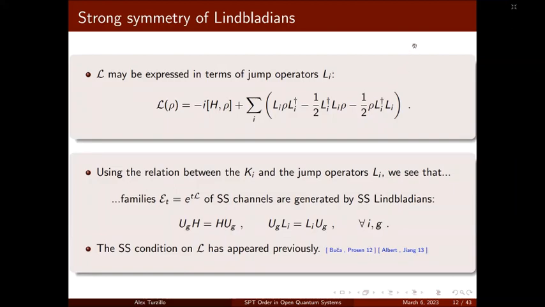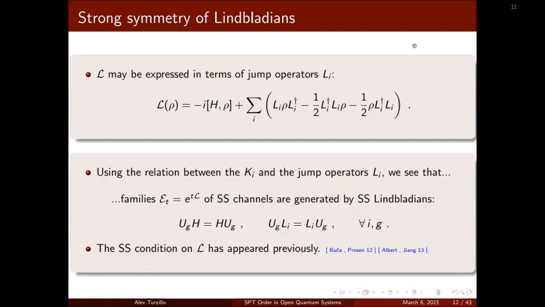So jumping back to Lindbladians, just as channels can be expressed in terms of Krauss operators, a Lindbladian can be expressed in terms of these L sub i's, which are called jump operators. The Lindbladian is then just the usual Hamiltonian evolution plus these corrections, which represent its coupling to the environment.